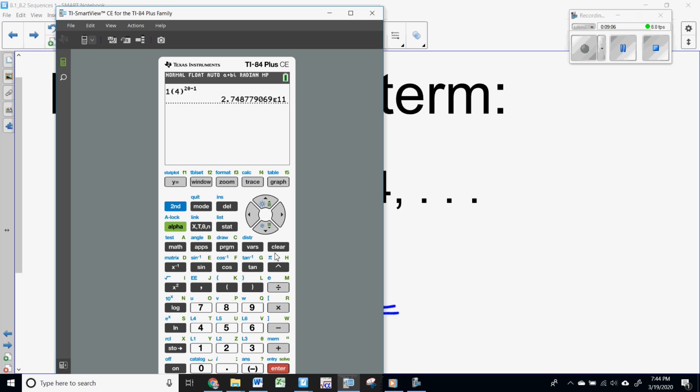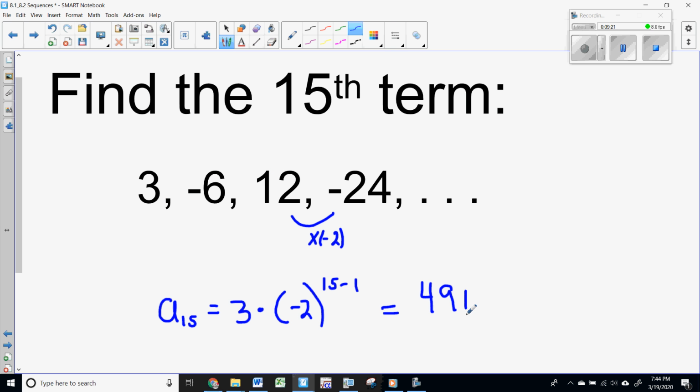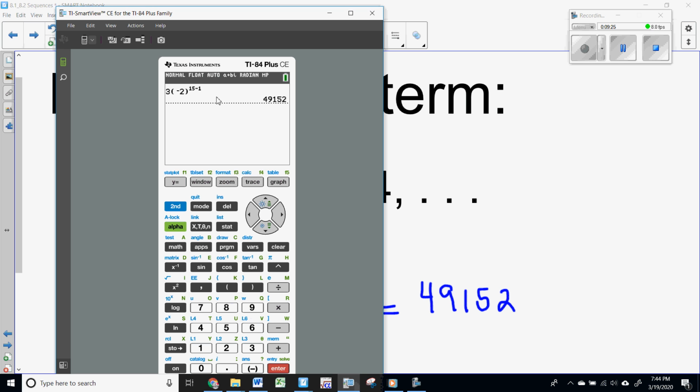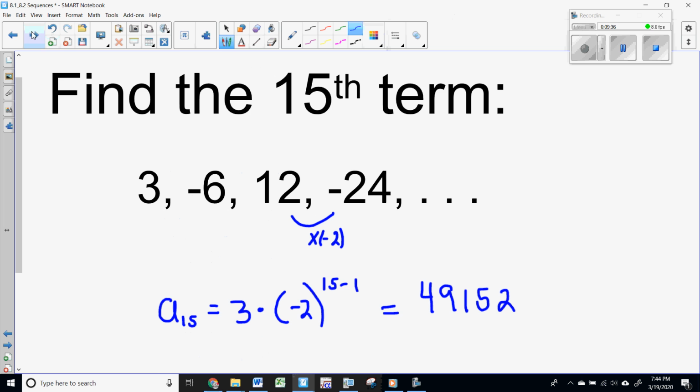And once again, we're going to type that in directly into the calculator: 3 times negative 2 to the 15 minus 1. And we get 49152. So make sure when you type these in, you don't end up trying to do like negative 6 to the 14th. You'll get completely different numbers. Type it in like this so the order of operations are right.